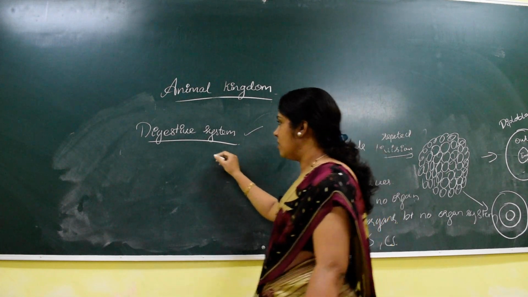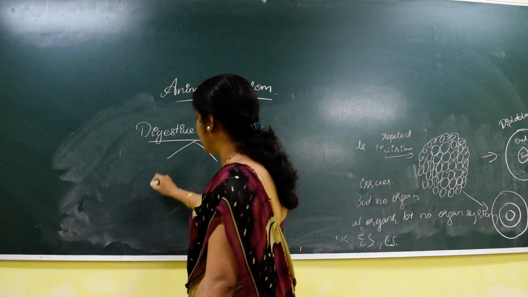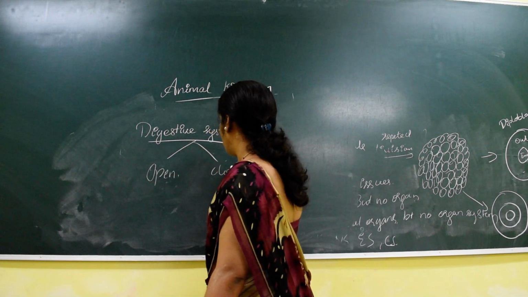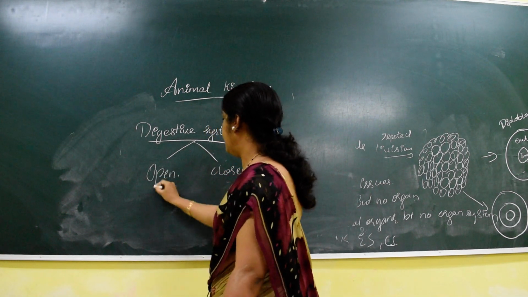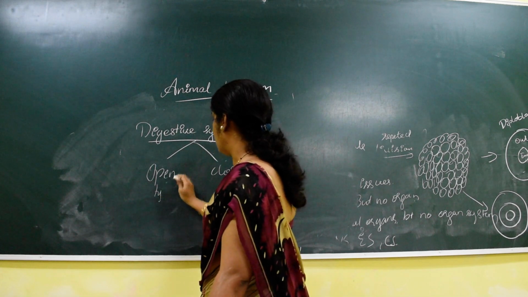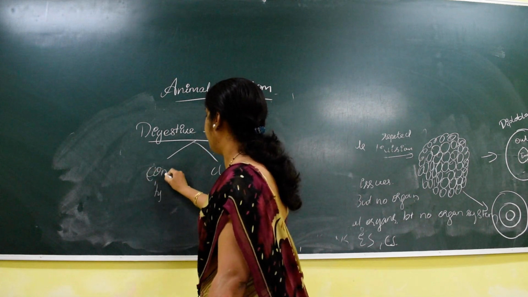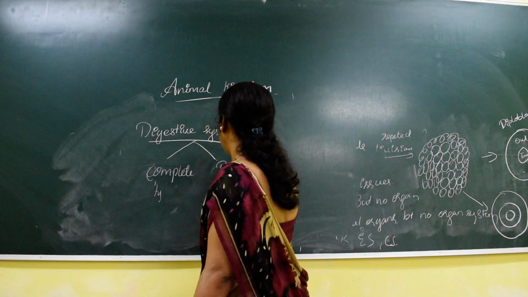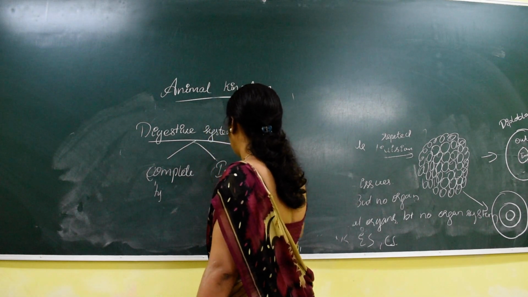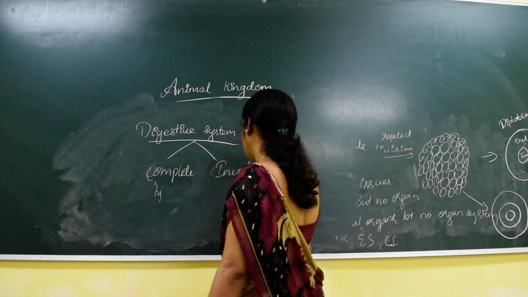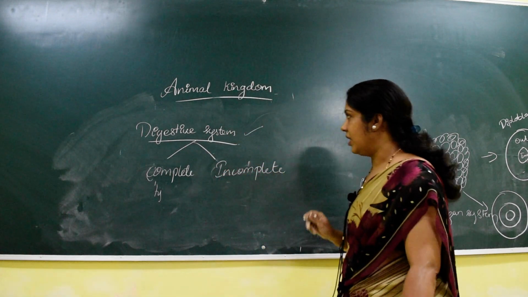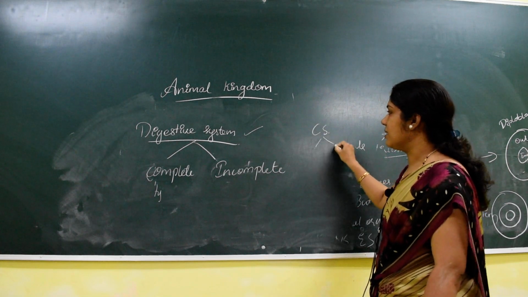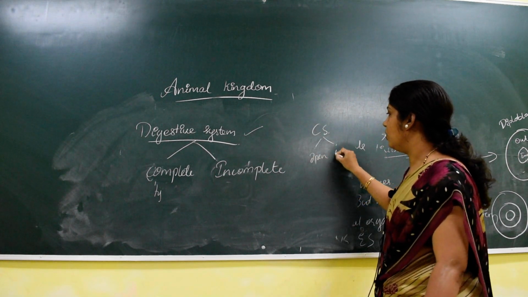So in digestive system we are going to use two words. One is open and the other one is closed. Closed, open type, complete and incomplete. Open and closed type we are going to study in circulatory system. Understood? Digestive system is complete and incomplete, whereas in circulatory system it is open and closed.